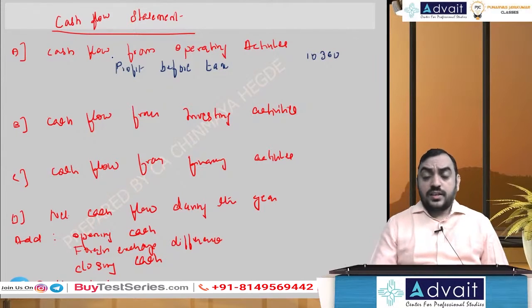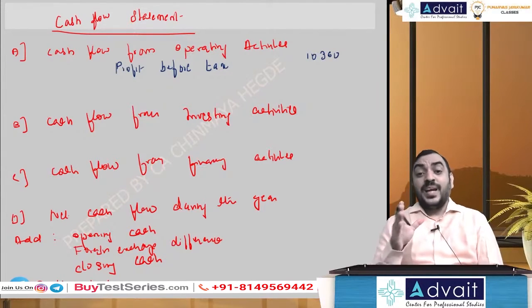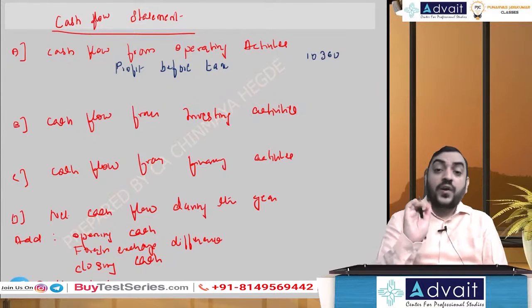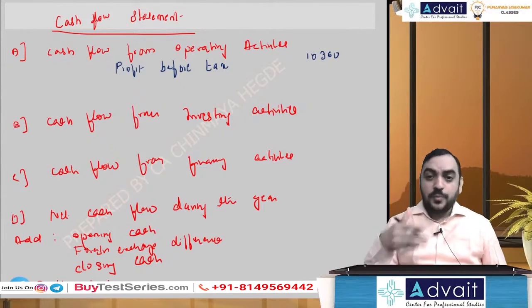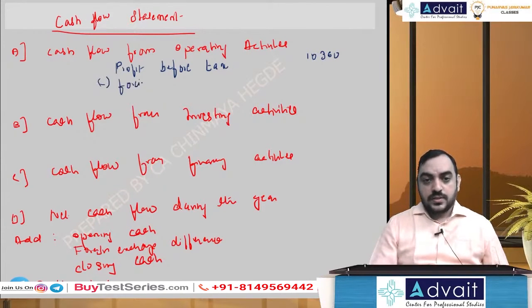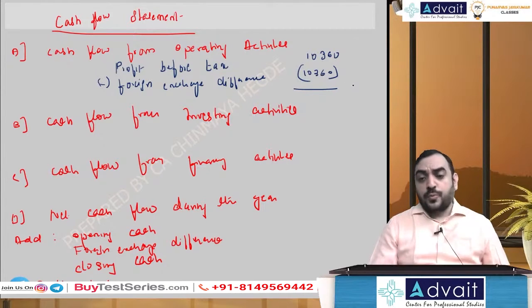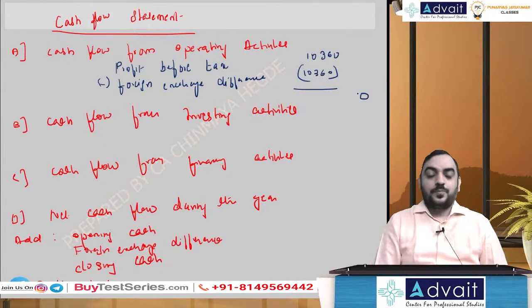Now this 10,360, we should eliminate non-cash items. One of them is foreign exchange difference. Of course, in this problem, we only have foreign exchange difference. I will subtract. So minus foreign exchange gain difference, 10,360. So actually, cash flow from operating activities is 0.